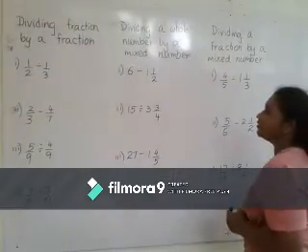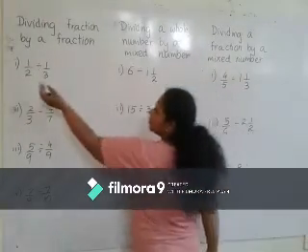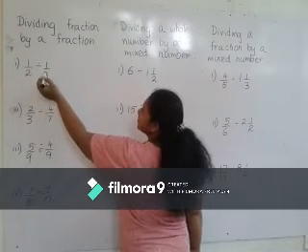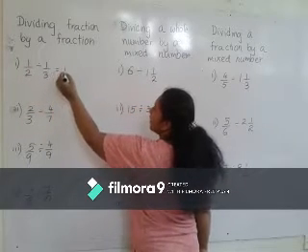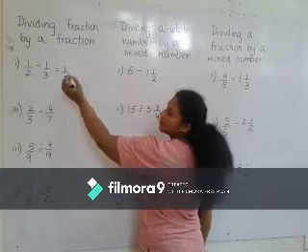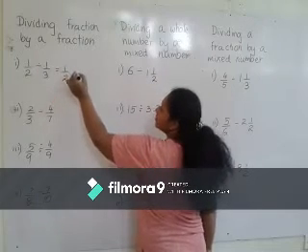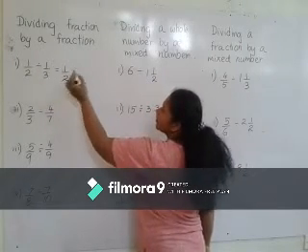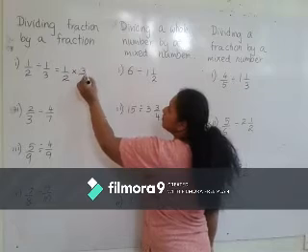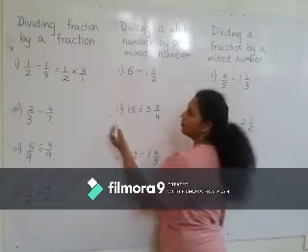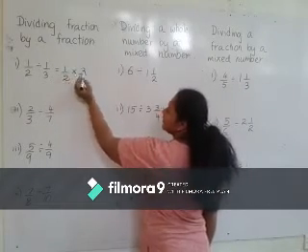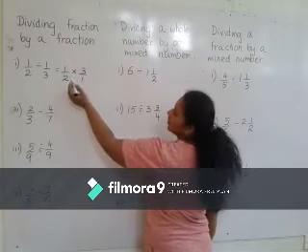Dividing a fraction by a fraction. Now a fraction divided by a fraction. So here a half, like earlier, division becomes multiplication, we have to take the reciprocal. 3 goes up, 1 goes down. Then multiplication of fractions that way.